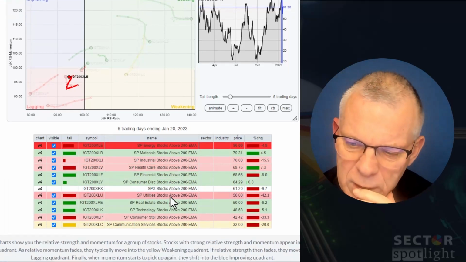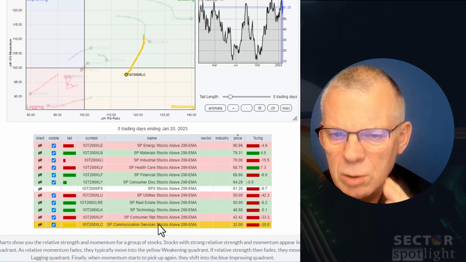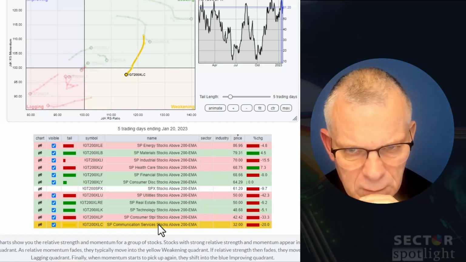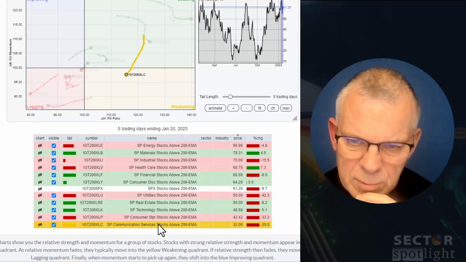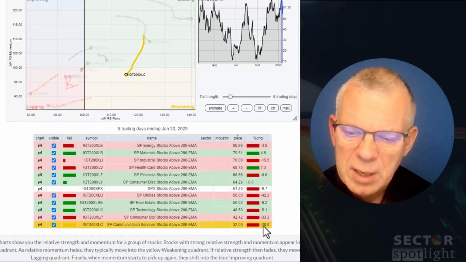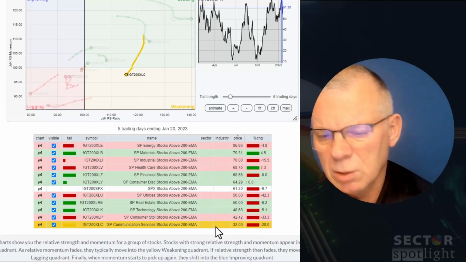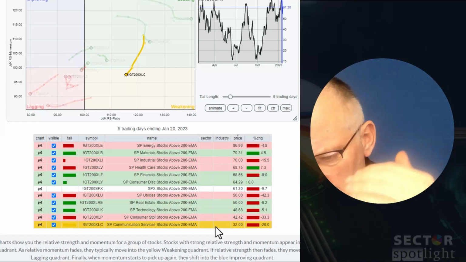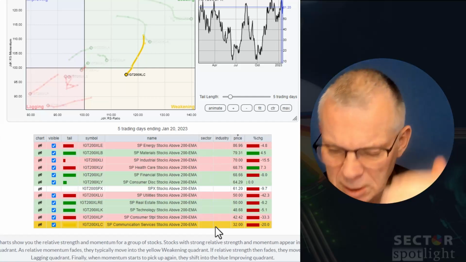If you go to the bottom side, you can look at communication services. Only 32% of those stocks are trading above their 200-day moving average. And over the last 5 days, 20% of those stocks moved lower, so moved below their 200-day moving average. That percentage moved lower.